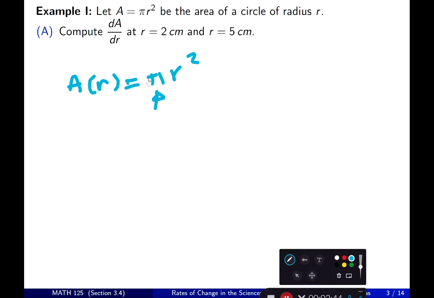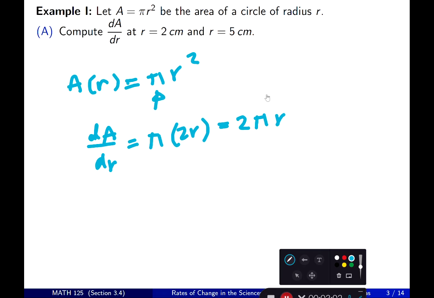Pi is a constant coefficient. So when I take the derivative with respect to r, the constant coefficient stays. The derivative of r squared with respect to r is 2r. The other way of writing it is 2 pi r.